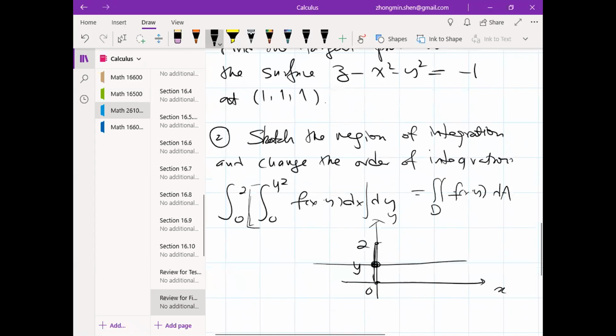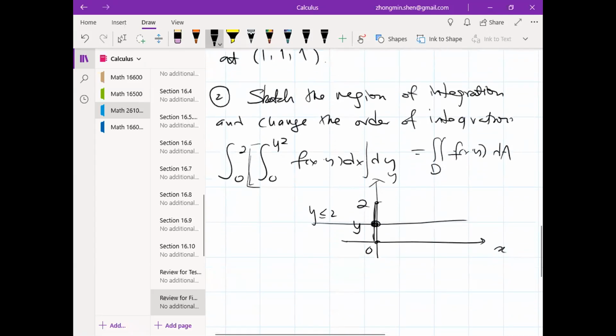Then you draw the horizontal line, and for each fixed y, x is between 0 and y squared. So x equals y squared is going to be this parabola. So x is between 0 and y squared, so it's going to be this piece. That's why you get the domain D.